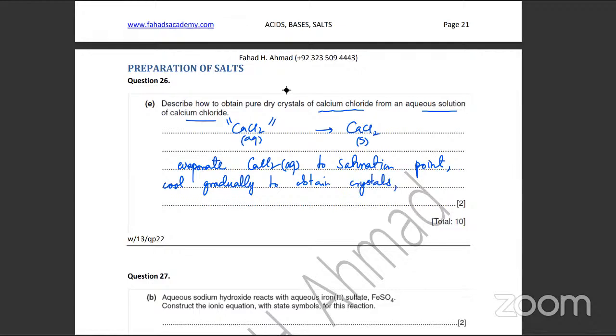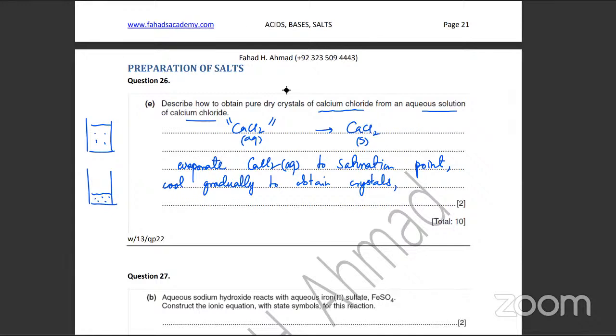And once crystals are formed, ठीक है, ये पता है इसका मतलब क्या होता है कि usually you have a very dilute solution, so you've got very few particles of a salt. You evaporate some of the water. Saturation point is, so the salt particles would become very close to each other, and they'll start joining up and they'll start forming the crystal. But it takes a bit of time.